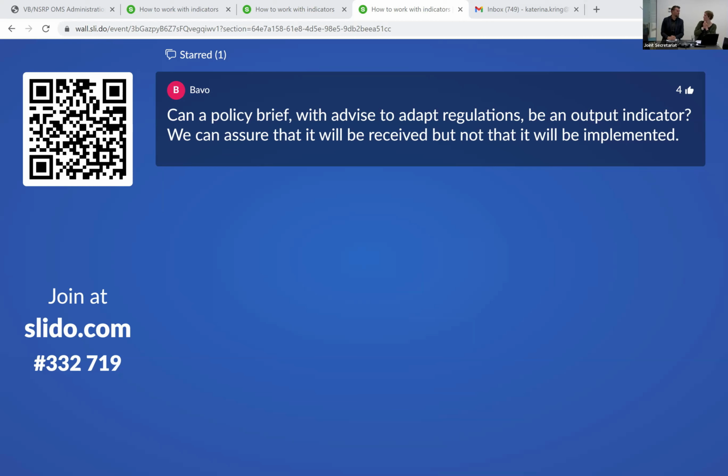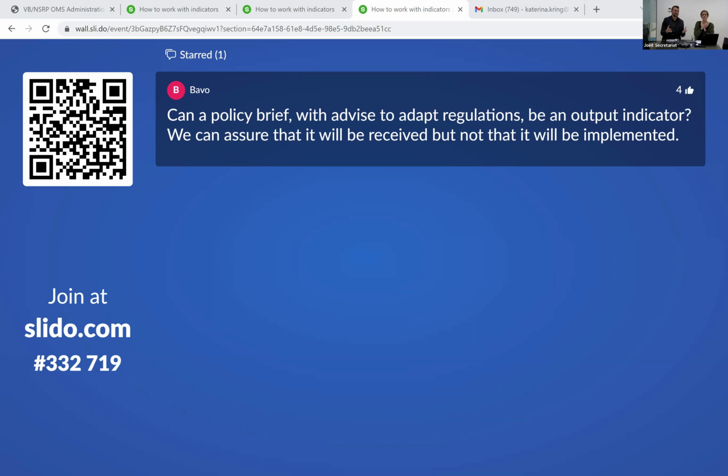That's my answer. And again, I think you need to be very careful when establishing targets for those result indicators. And that's why I'm saying that you have to have some methodology behind how you are going to get there. How do you achieve these target values?